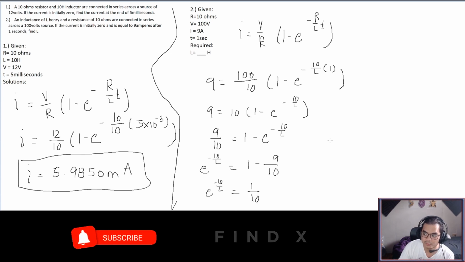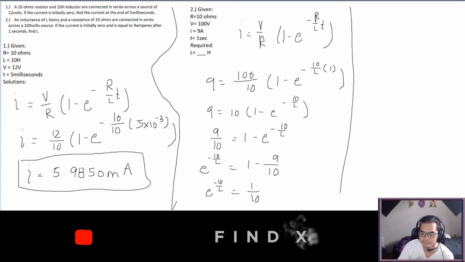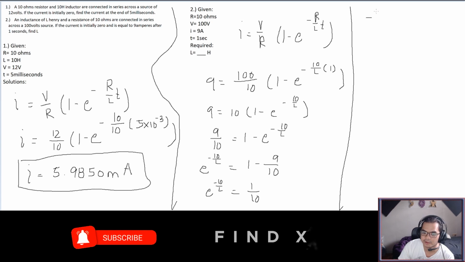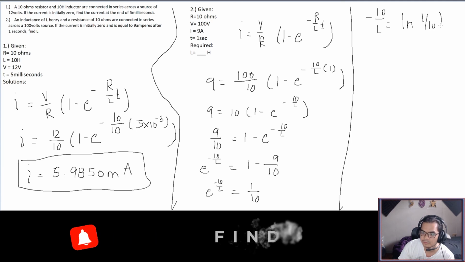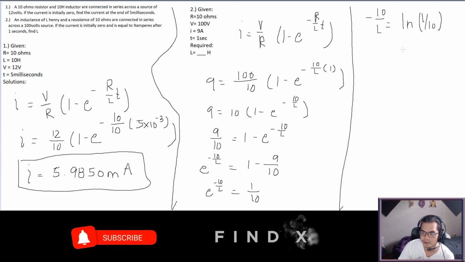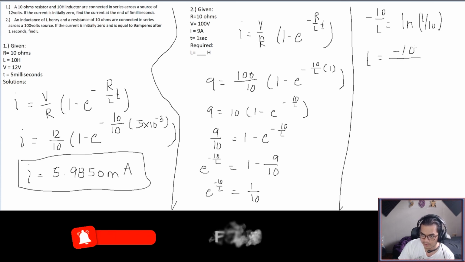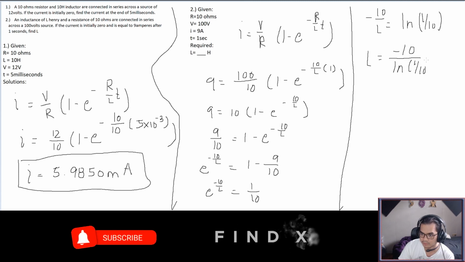And then take the ln of both sides. Taking the ln of both sides, e is cancelled. So you'll have negative 10 over L equal to ln of 1 over 10. And finally, the answer is L must be equal to negative 10 over ln of 1 over 10.